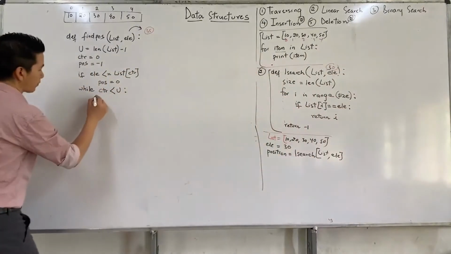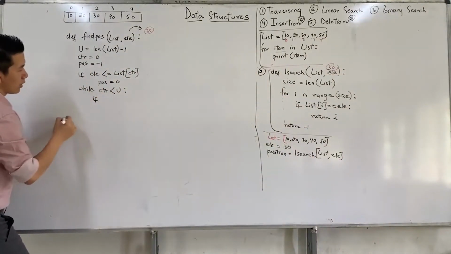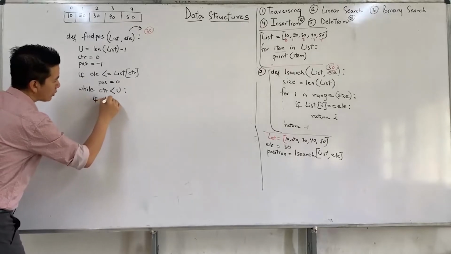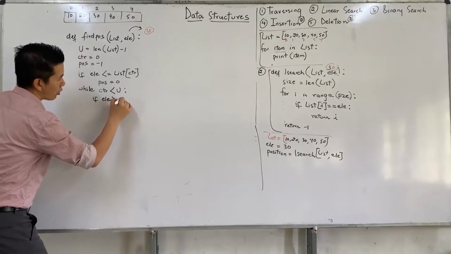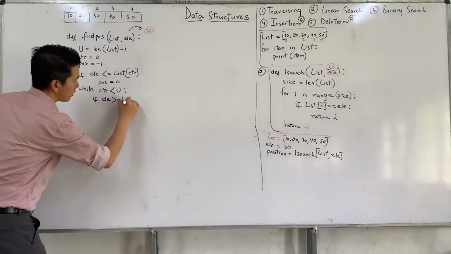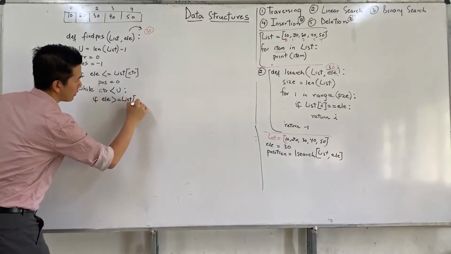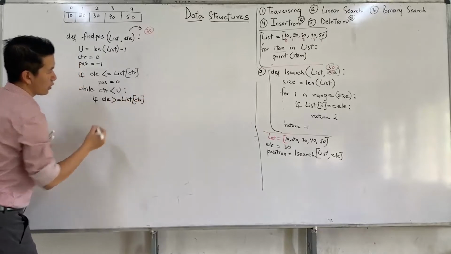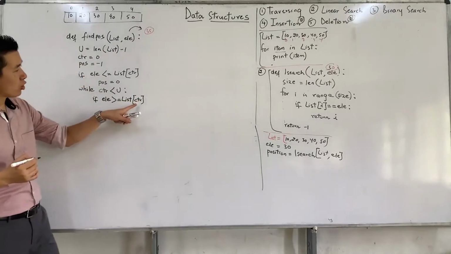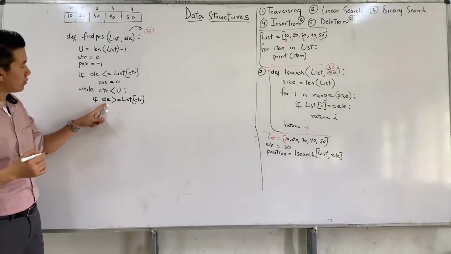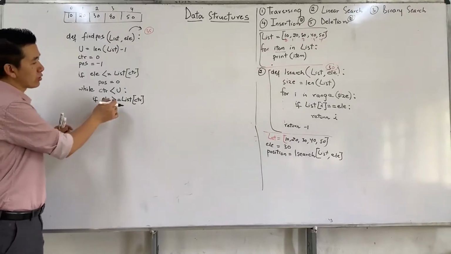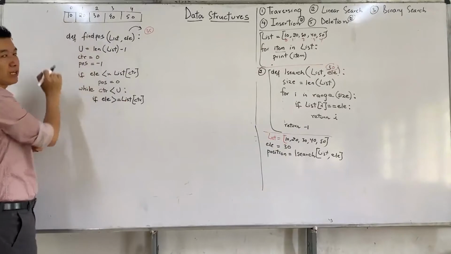condition, which is: if the element to be inserted is greater than or equal to list of CTR. So the value of CTR will be 0, so you're clearly referring to whether the element to be searched is greater than or equal to the first element.